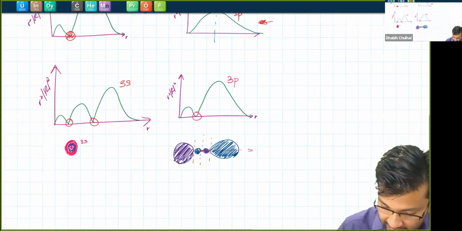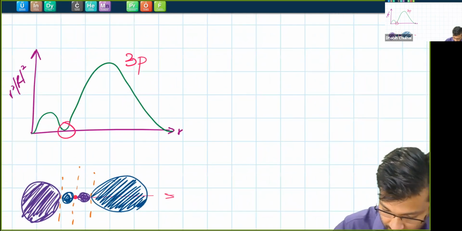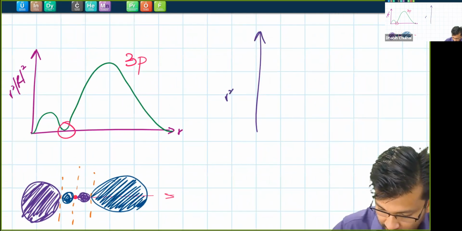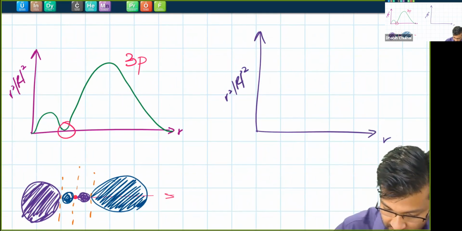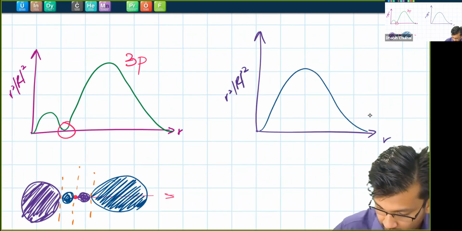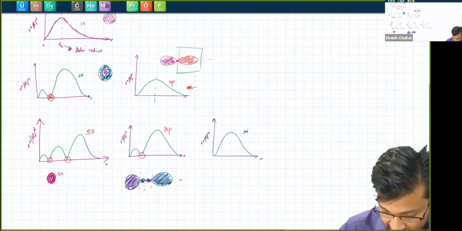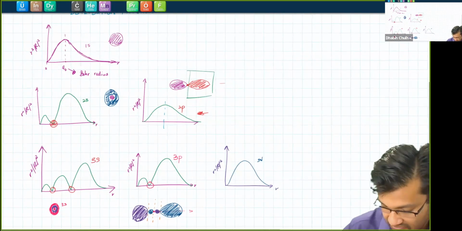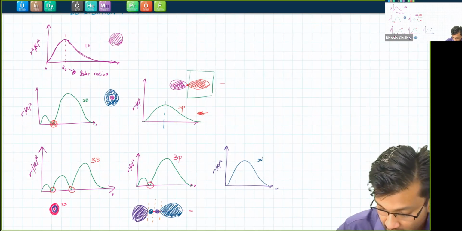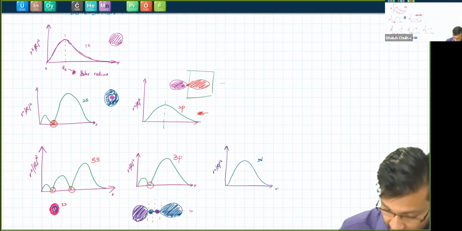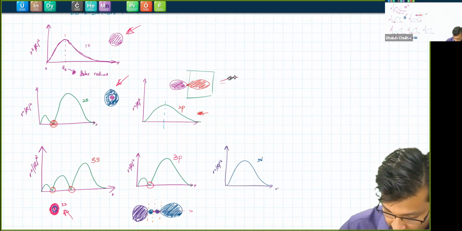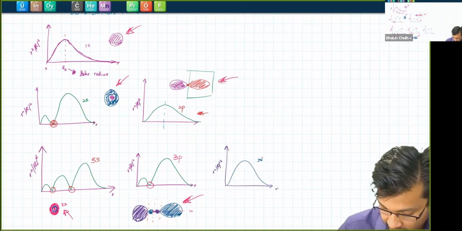And then 3D, the 3D radial distribution function kind of looks like the 1s radial distribution function, where it's just one single bump. And so you can see the pattern that starts to build out with these, and you can keep drawing those diagrams. But what I wanted to point out to you was just how we can understand these various orbital pictures, right? By just looking at the radial distribution functions.